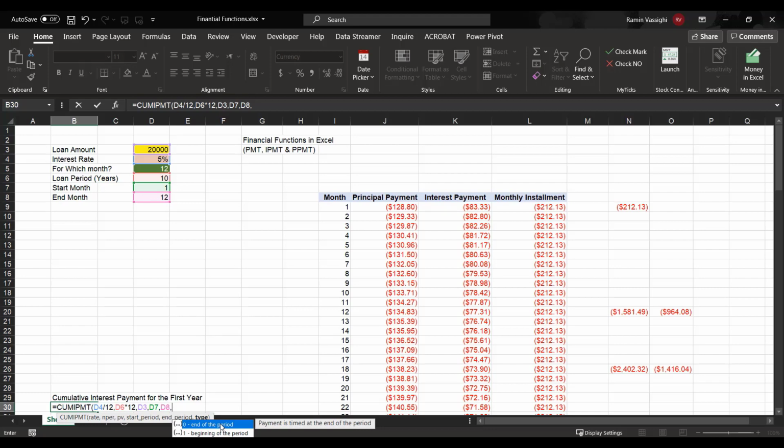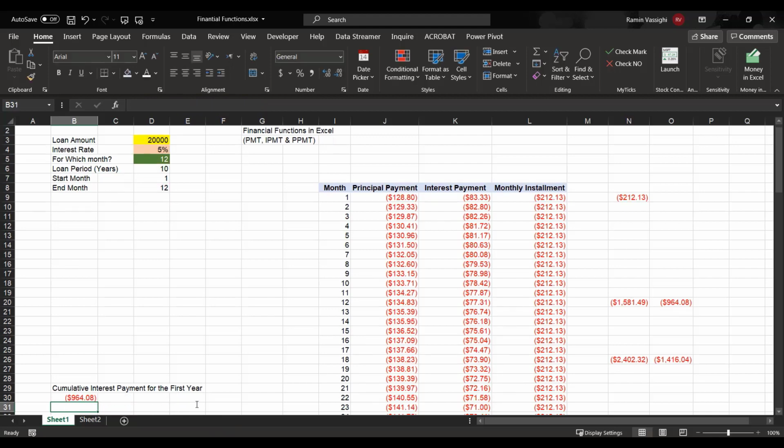Let's say we are at the end of a month period, when we're supposed to pay. And by the way, if you don't have that one, the formula is not going to work out. So you want to add that one in. Press enter. That would be your amount paid for the first 12 months as interest.